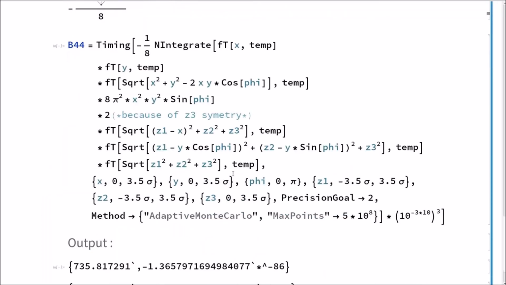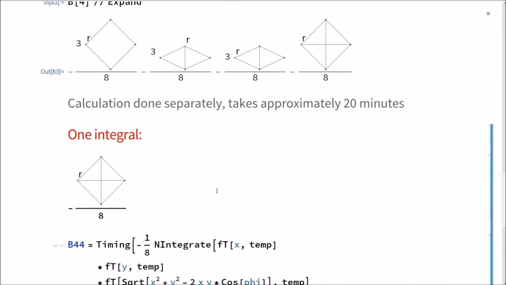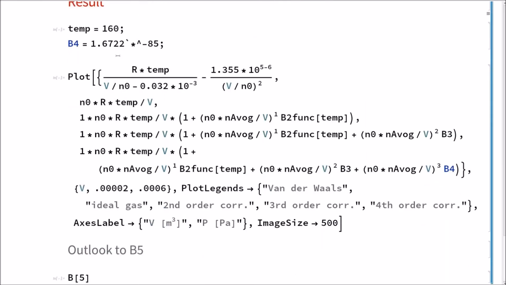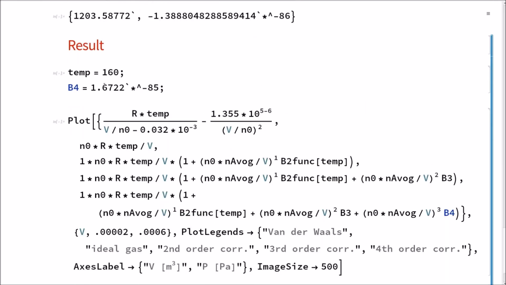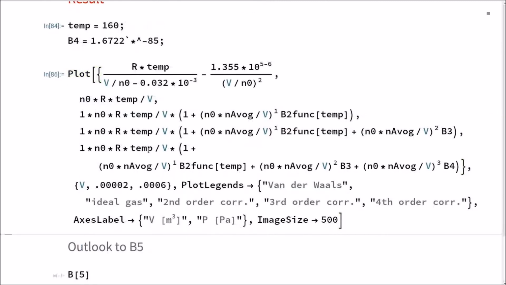So this is the integral, and I used the other adaptive Monte Carlo method to calculate it and get the value, and taking the values for all the rest of these diagrams. I have done in a separate notebook, but it's not difficult to do this here. And this is the value. You can again do the same plot as before.